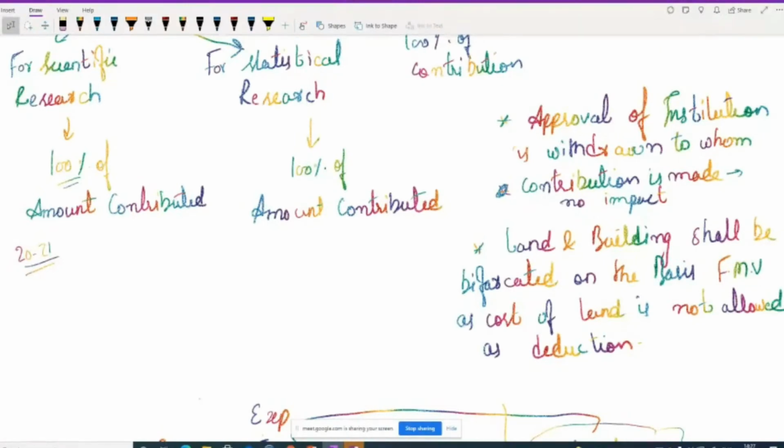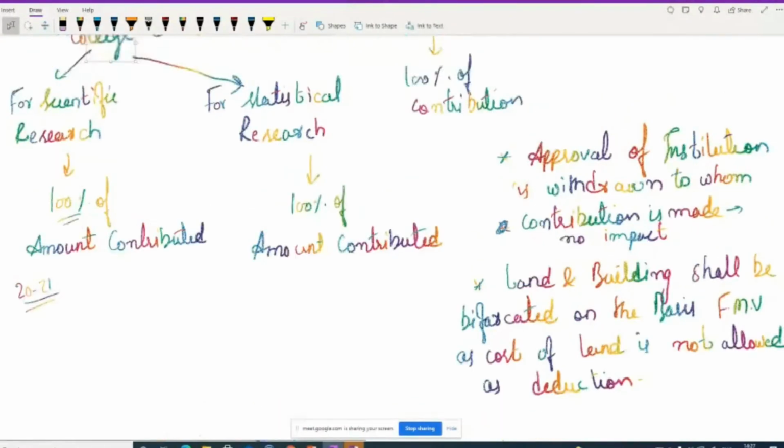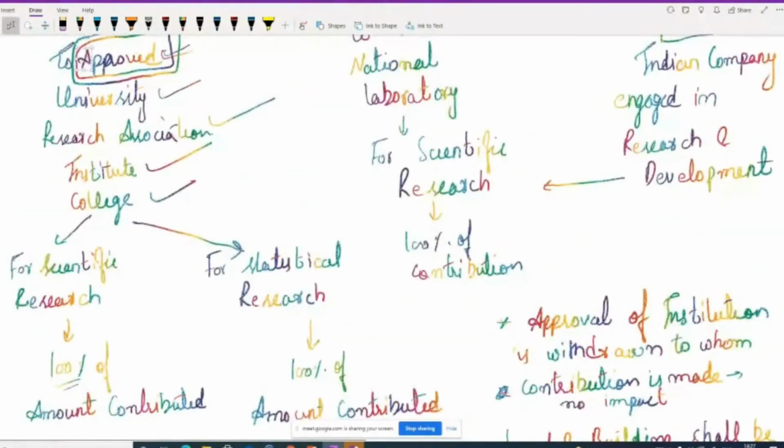So if you have given any amount to any college, to any university, to any research association that is approved by the government, in that case, for scientific research, 100% of the amount contributed.